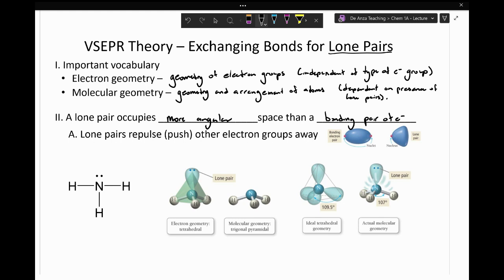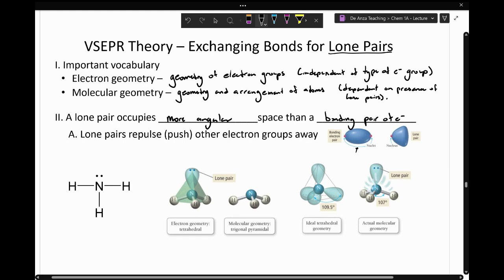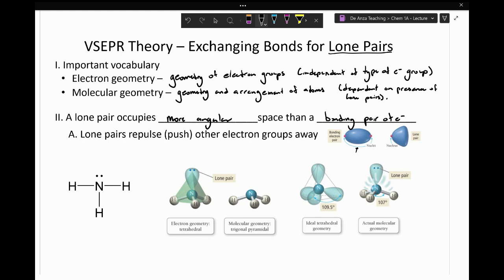And you can think of this using this image below, where when you have a shared set of electrons, they take up a fair amount of space. But when you have a lone pair, it gets a little bit wider because it doesn't have to narrow in on being attracted by another group. It gets to explore a much larger space.